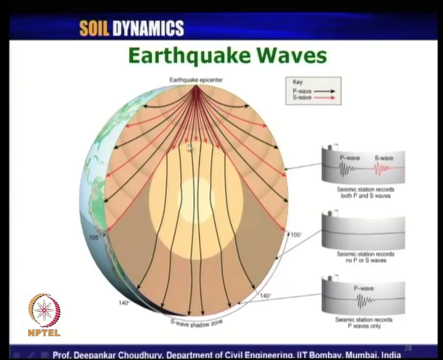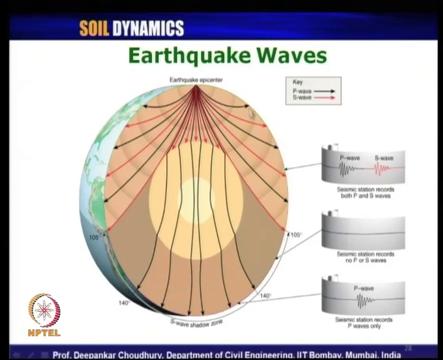You can notice at this boundary of mantle to outer core, P waves can be transmitted into the liquid medium, whereas shear waves cannot. So, shear waves stop here, whereas P waves get transmitted, that is refracted, then again refracted at this boundary and come out here. So, the zone from about 103 or 105 degrees to 143 or 140 degrees is the shadow zone for P wave, and this entire zone is the shadow zone for S wave.